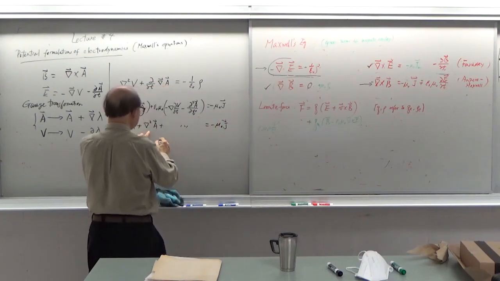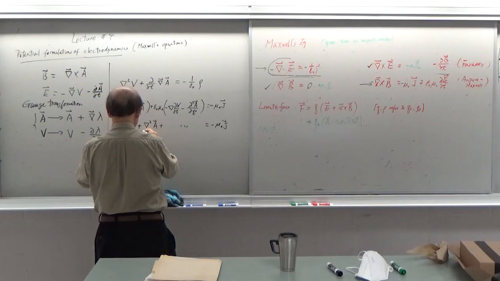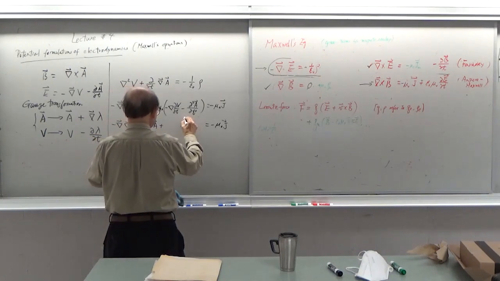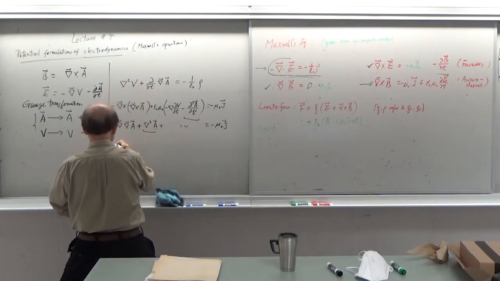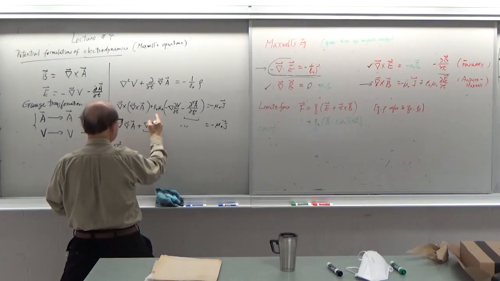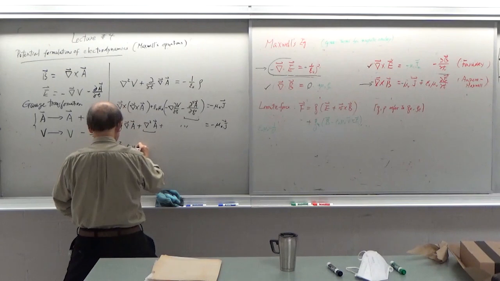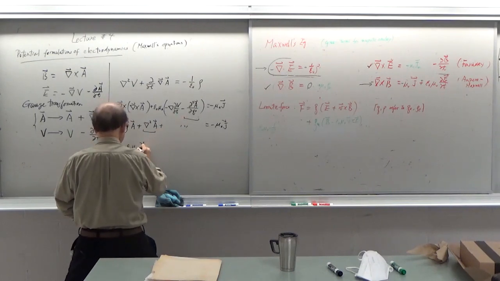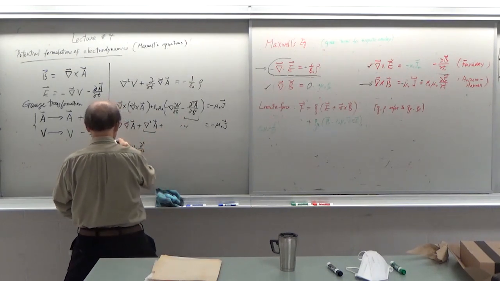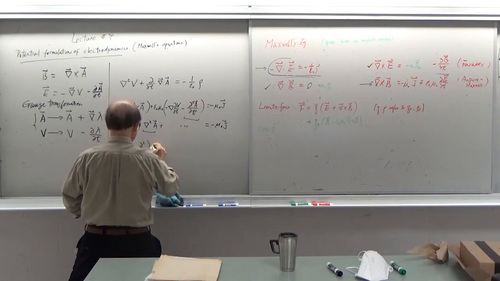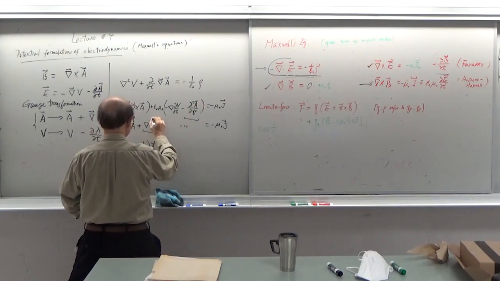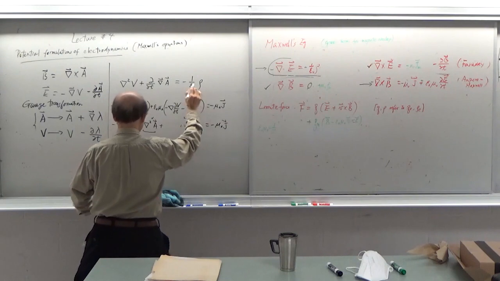And let me put this term and this term together. Then I have the Laplacian minus epsilon naught mu naught del squared by del t squared acting on A. So I'm taking care of this one and this term.